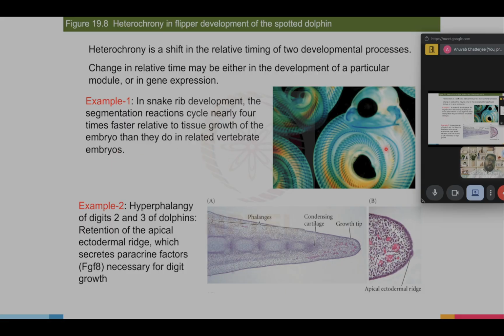So essentially, in snakes, the formation of the ribs occurs 4 times as fast, so that the development of the other tissues can keep pace with development of the ribs along the spinal cord.